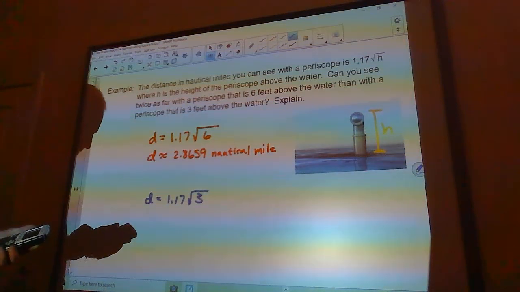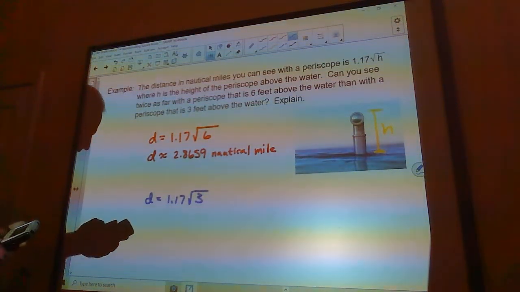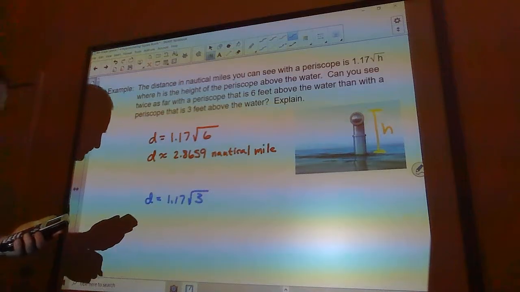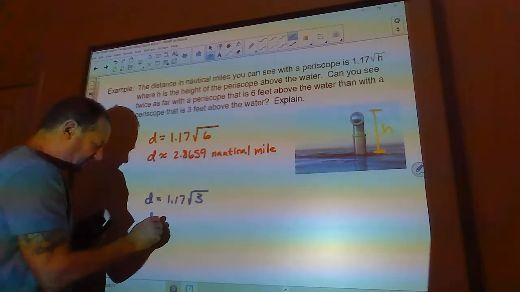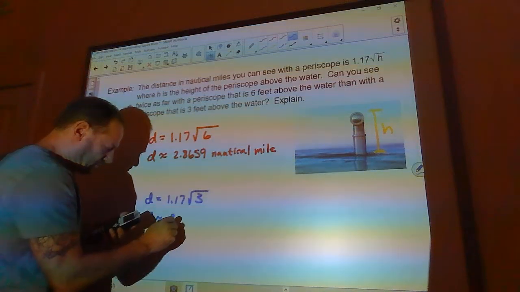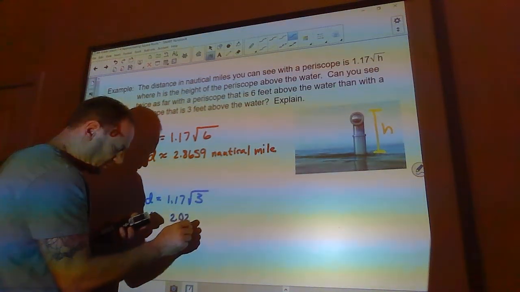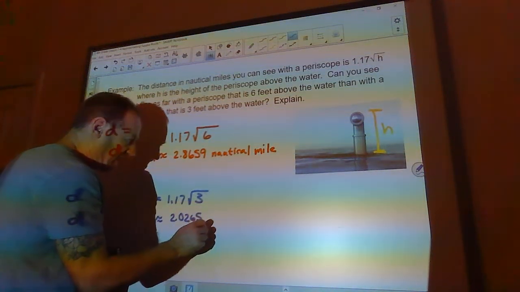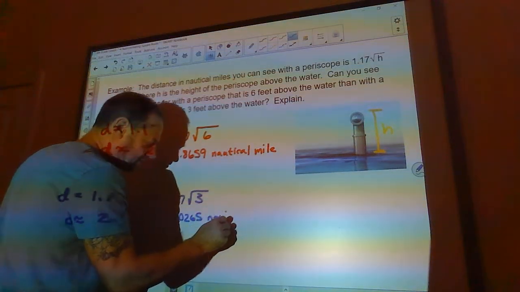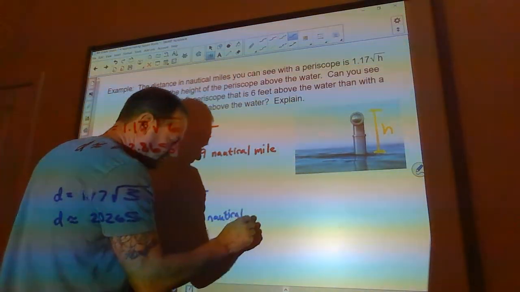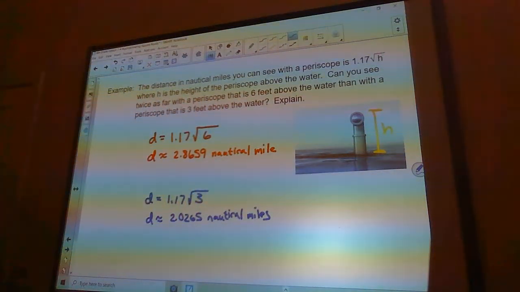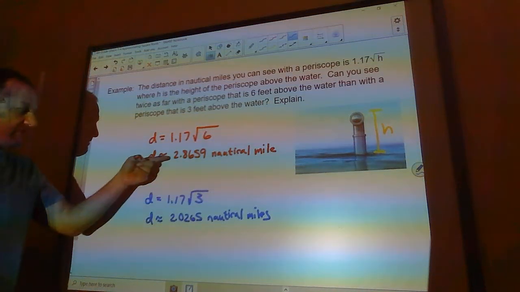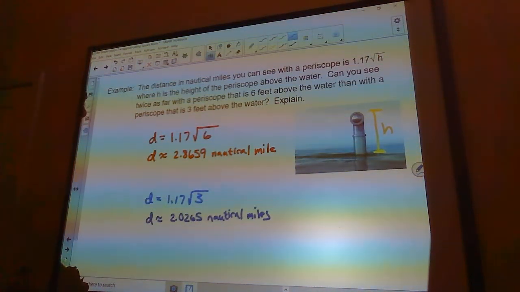So now we'll take 1.17 times the square root of 3, and we're going to get d is approximately equal to 2.0265 nautical miles. Okay, so the question is, can you see twice as far? No, you can't. You can only see not even half as far again as this one.